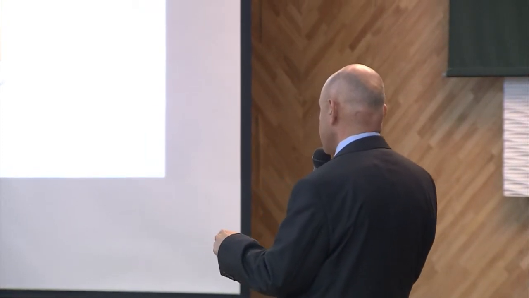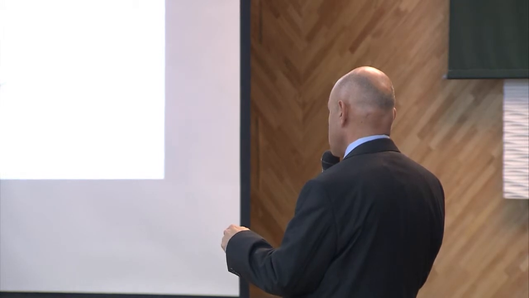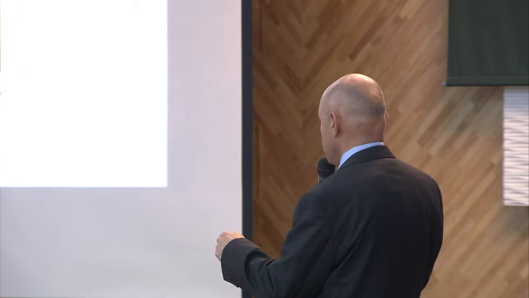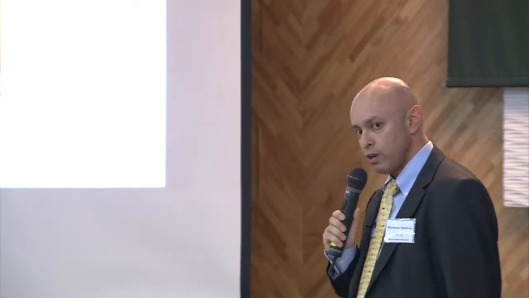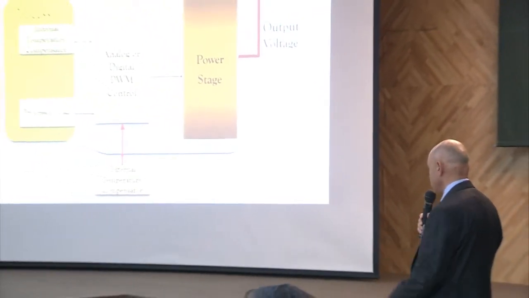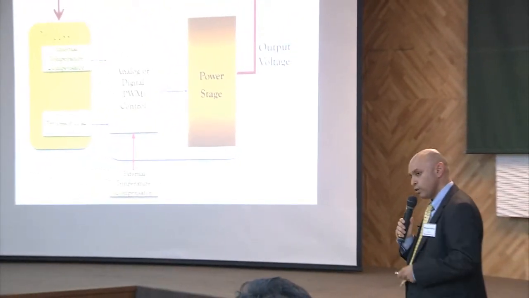Now this processor sends that information over a serial communication bus to the DC to DC converter, which then controls the power bus and controls the output voltage to the processor. This is where we are today. And there is a serial communication bus, in this case a PM bus, between the processor and the DC to DC converter.